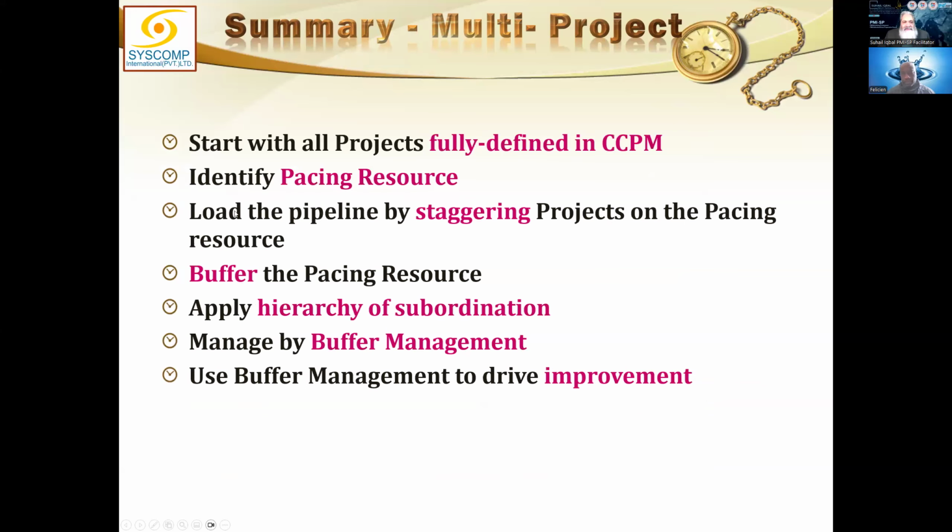For multiple projects, start with all projects fully defined in CCPM. You have to create a CCPM for all the projects, identifying pacing resources, which resources are spared from one project and can now be used on another project. You actually have to do resource buffering amongst many projects.